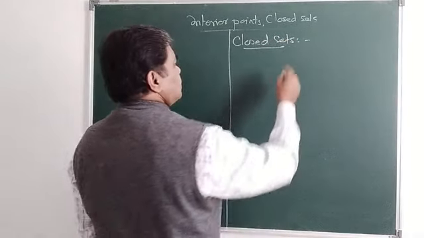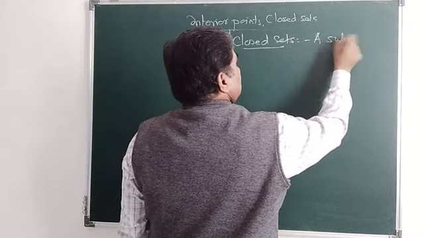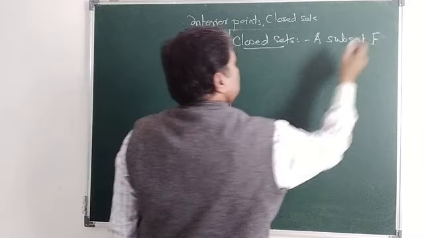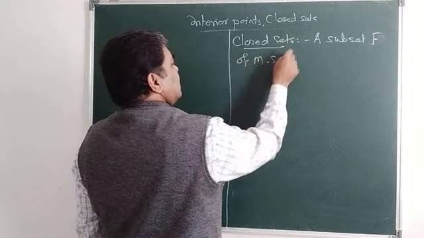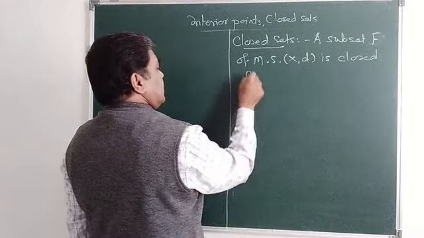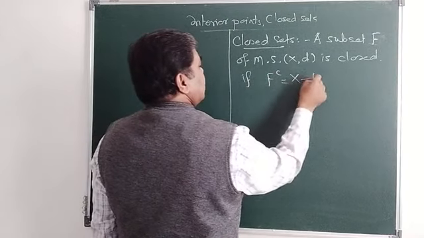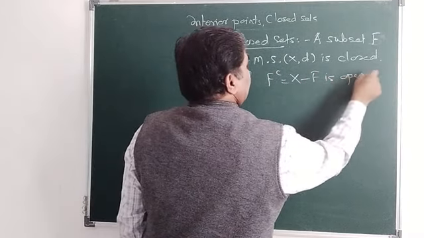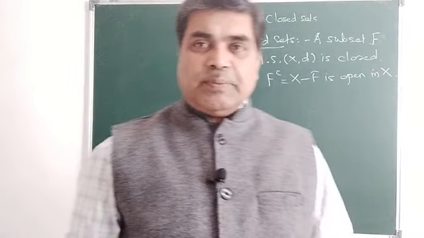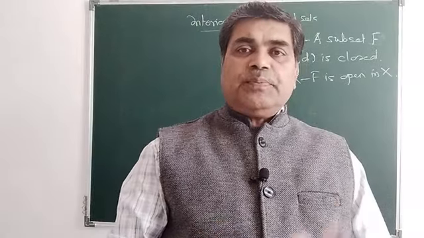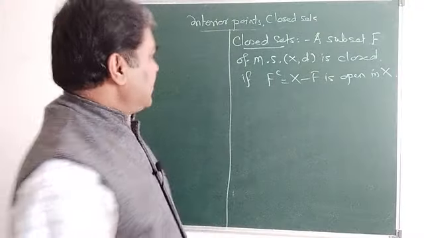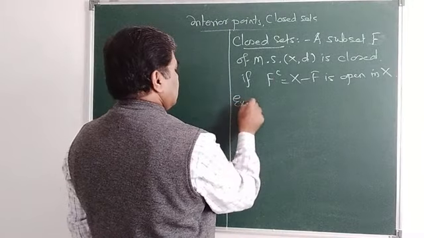A subset, say F, of a metric space (X, d) is closed if and only if F complement, which is X minus F, is open in X. Every definition is always an if and only if condition, remember it. So a subset of a metric space is closed if and only if its complement is open. Example, in R_U.